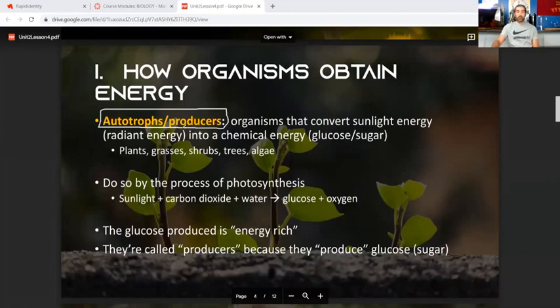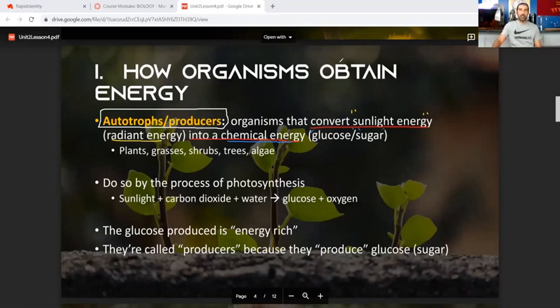They're called producers because they produce glucose. Now, what autotrophs do is they convert sunlight energy into chemical energy. That sunlight energy that they're referring to is also known as radiant energy. That chemical energy that they're referring to, which you see right here, is glucose, also known as sugar.